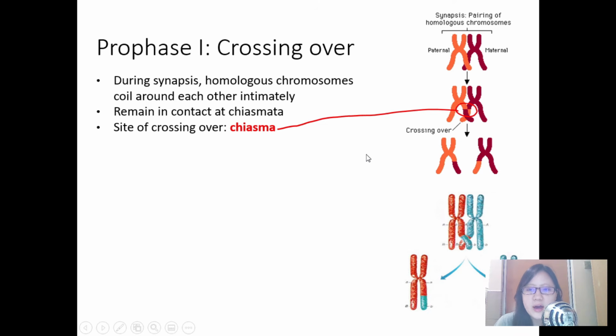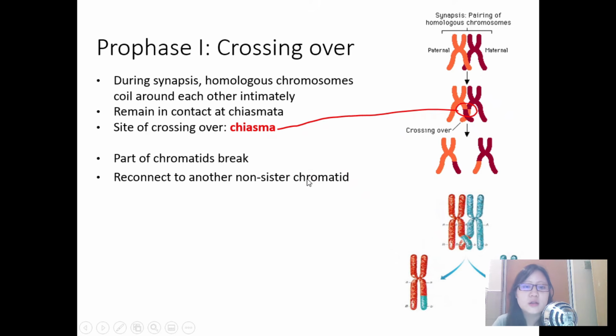And this is where those arms are swapped. Basically, part of the chromatid breaks from its original chromosome and joins to the other non-sister chromatid on the other chromosome. It's very important to use this term non-sister chromatid. It comes out in the mark scheme a lot.